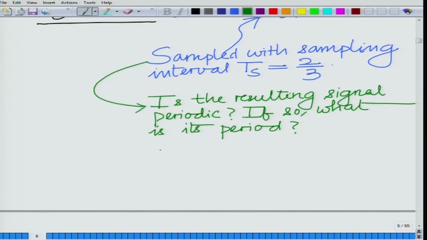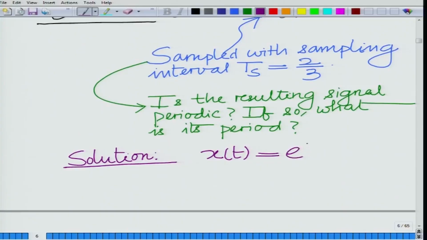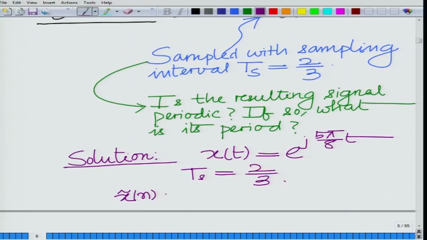Now, we are given that the solution is as follows. We are given that x(t) equals e to the power of j 5 pi by 8 t and Ts is equal to 2 by 3, which means the nth sample, if we denote the sampled discrete time signal as x tilde n, that is x at n times the sampling interval.